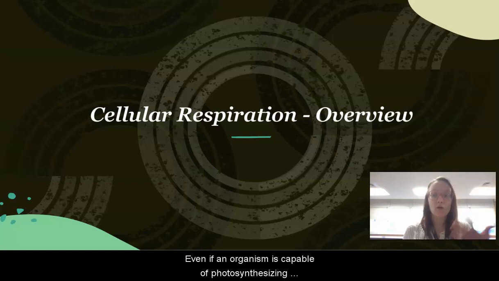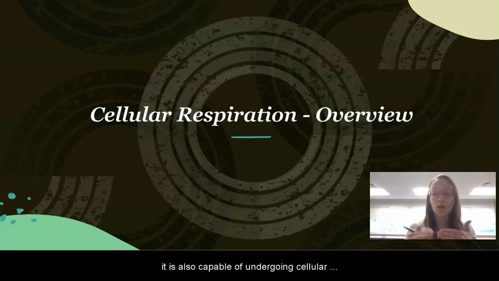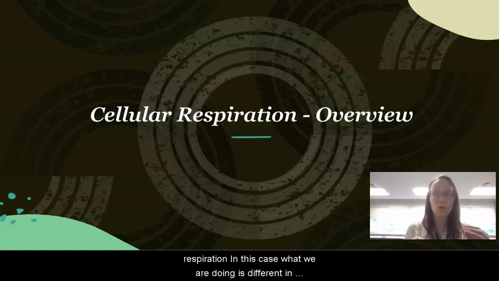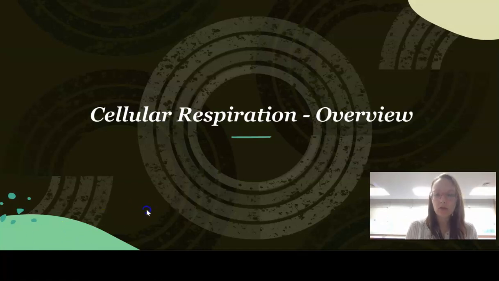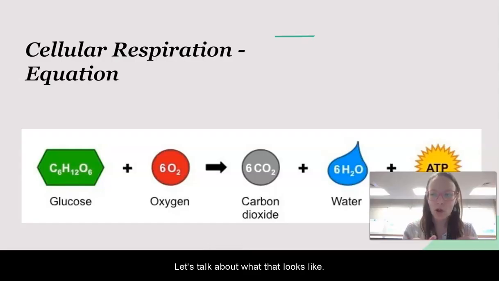Even if an organism is capable of photosynthesizing, it is also capable of undergoing cellular respiration. In this case, what we're doing is a little bit different in that we are converting chemical energy from glucose into a usable chemical energy form that's called ATP. So let's talk about what that looks like.